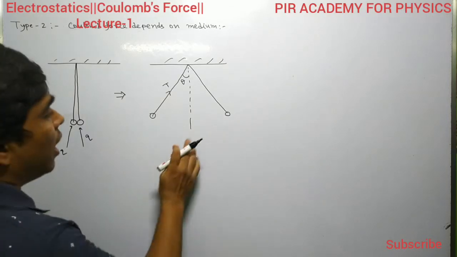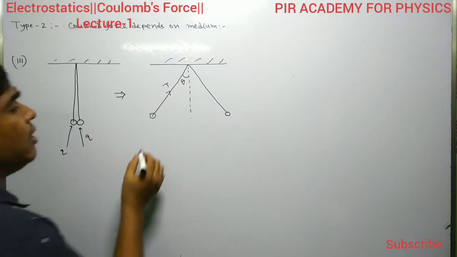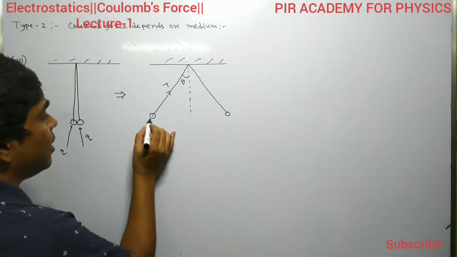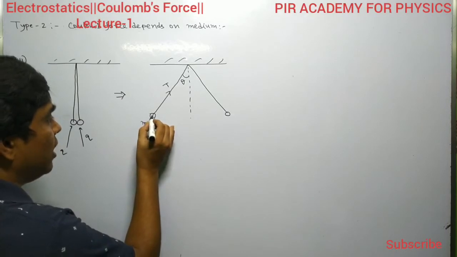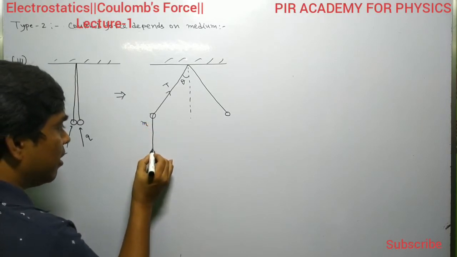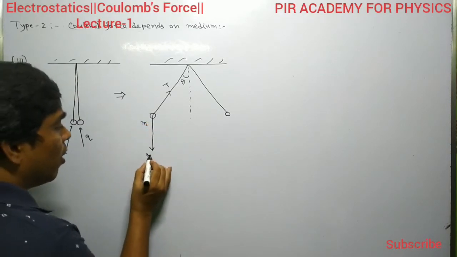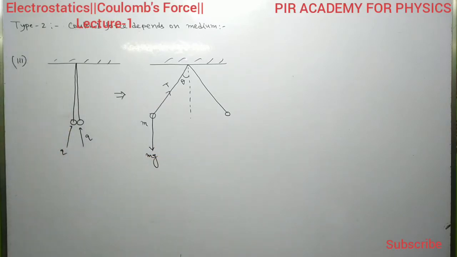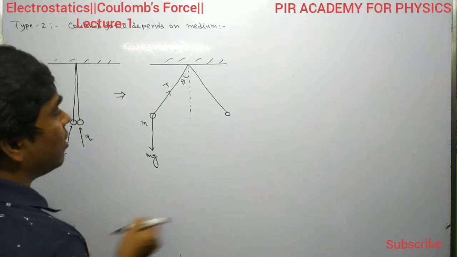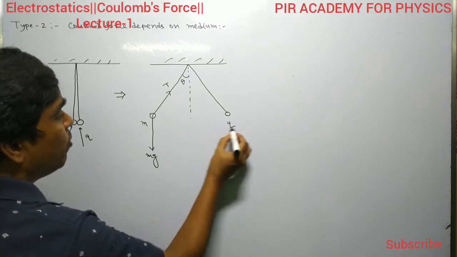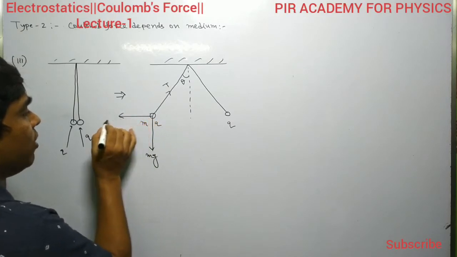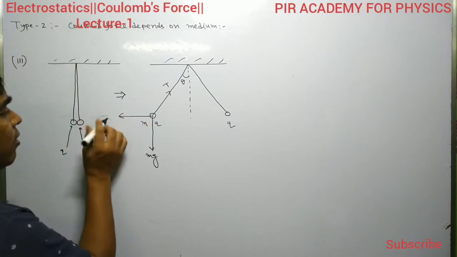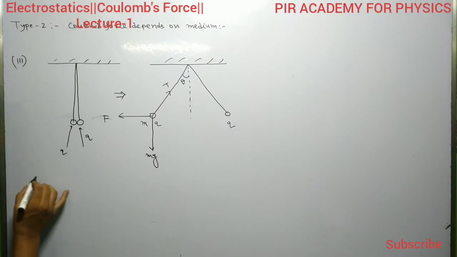So how can you calculate it? Suppose the mass is m for each. The weight acts along this direction, and the Coulomb force acts along this direction, that means F. What will be F?